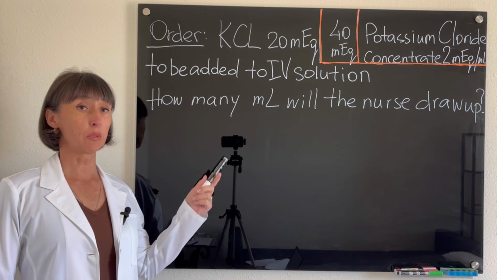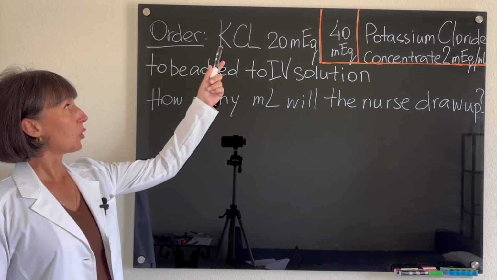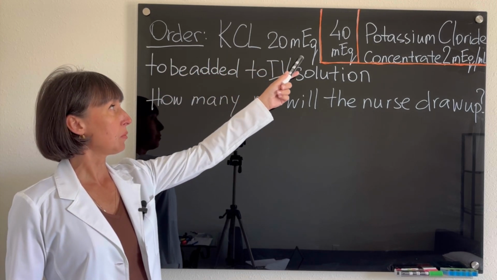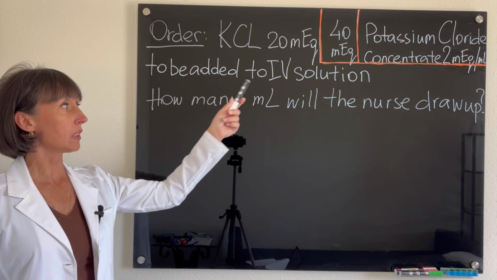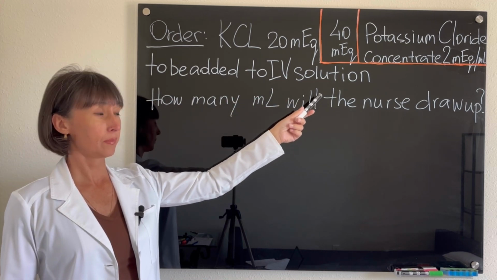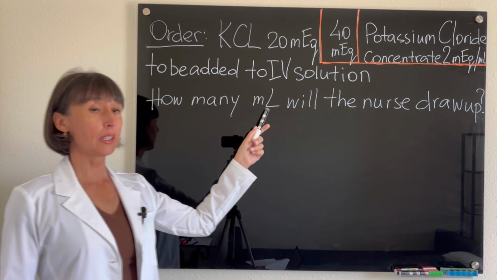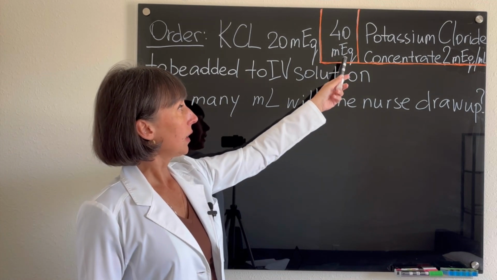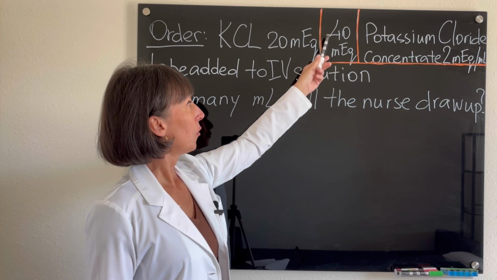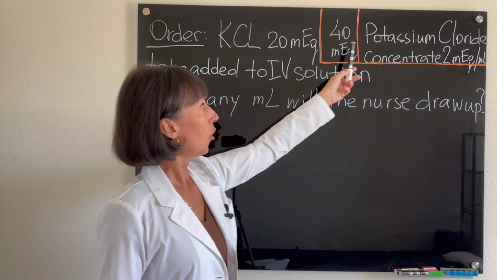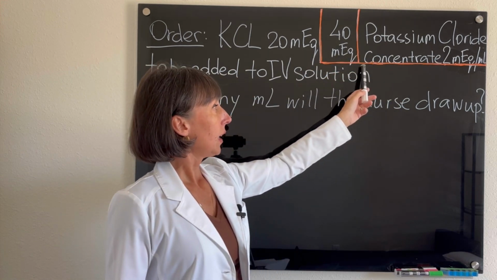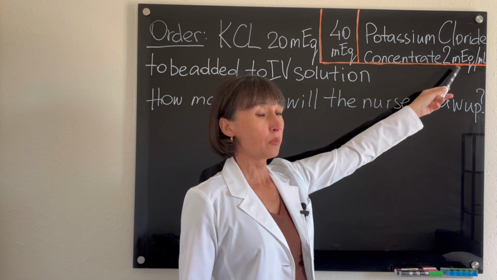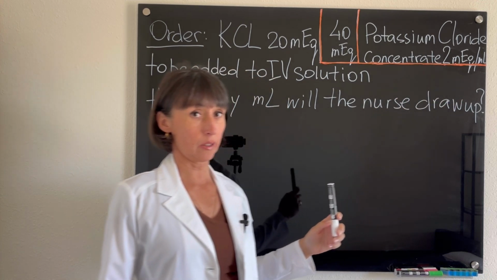Here's our next problem. The order is for potassium chloride 20 milliequivalents to be added to IV solution. How many milliliters will the nurse draw up? And a label is given: 40 milliequivalents of potassium chloride, and the concentration is 2 milliequivalents per milliliter.